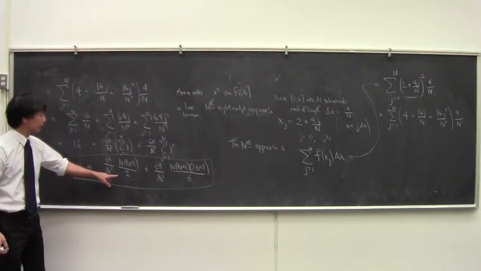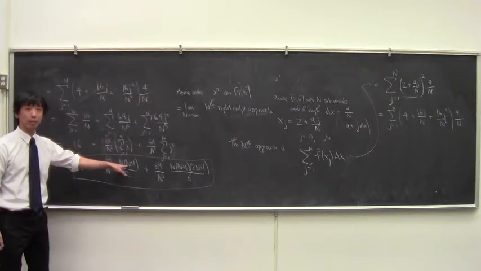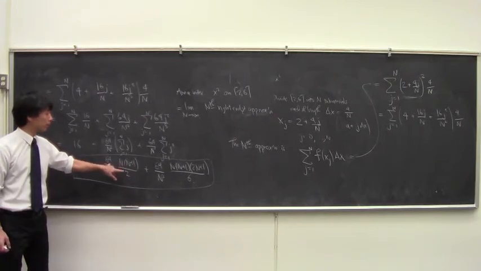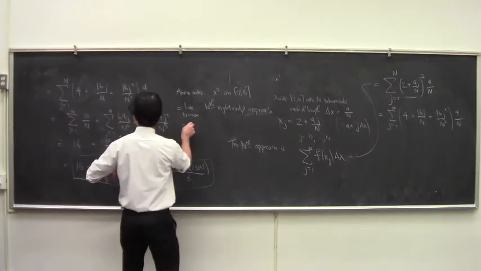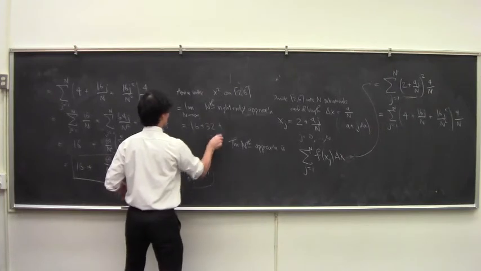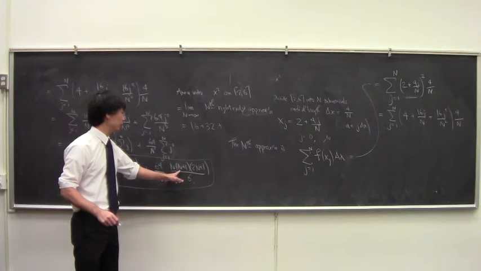We're going to get 16. What happens to this thing as n goes to infinity? What do you get? Does anyone see it? Somebody said it, I think. As n goes to infinity, you've got n squared on top, you've got n squared on bottom. These things go to 1 as n goes to infinity. And you're left with 64 over 2, 32. So you get 16 plus 32 plus, what happens here?